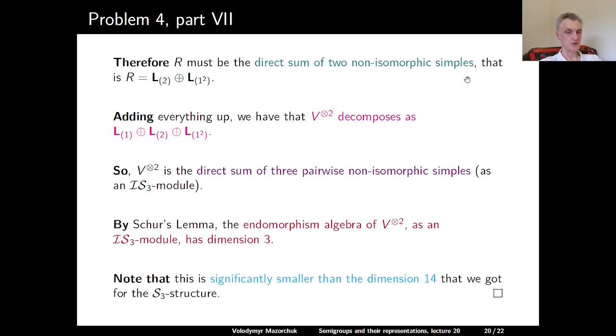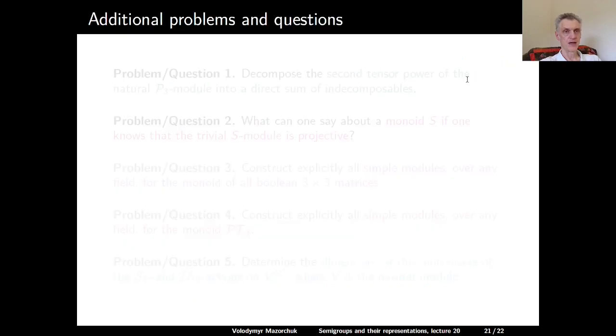And now we see how 3 is significantly smaller than the dimension 14, which we got for the S3 structure. That's very interesting to compare.